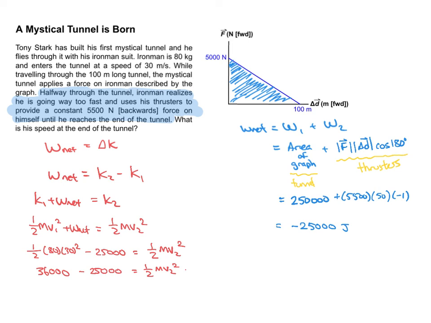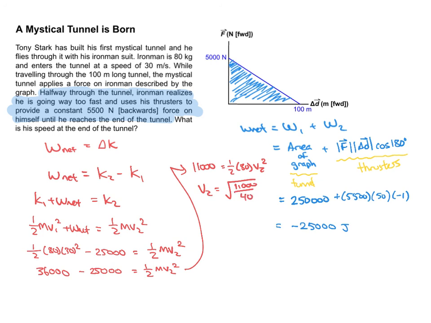So 36,000 minus 25,000 is 11,000. And I'll plug in the rest of the numbers now and solve for V2. So it looks like it'll be the square root of 11,000 over 40.